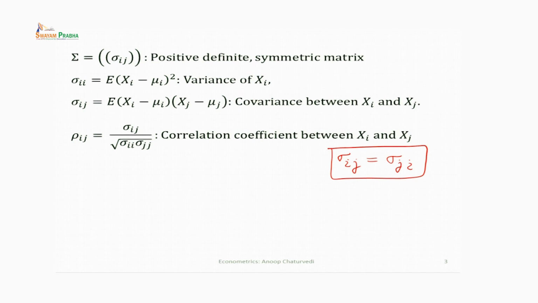Then the correlation coefficient between xi and xj, which we denote by rho ij, is equal to sigma ij, the covariance between xi and xj, divided by the square root of sigma ii into sigma jj, that is, the variance of xi into the variance of xj.